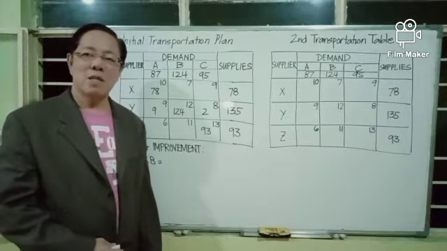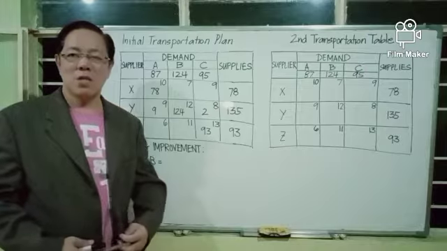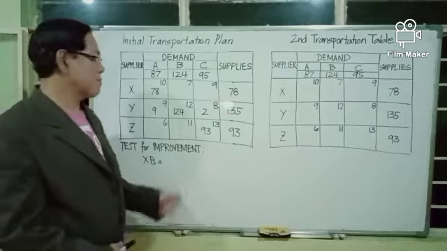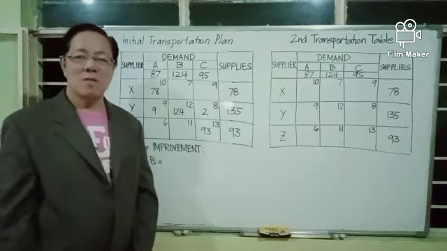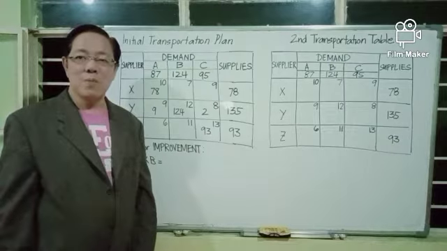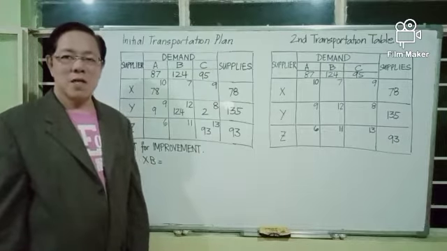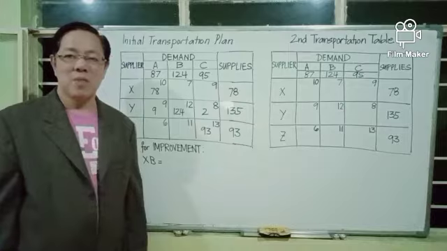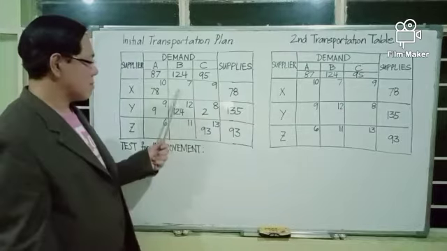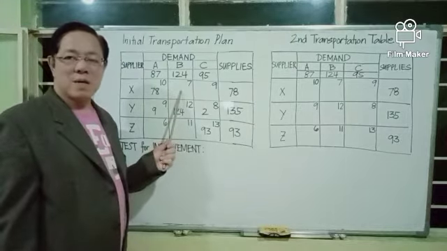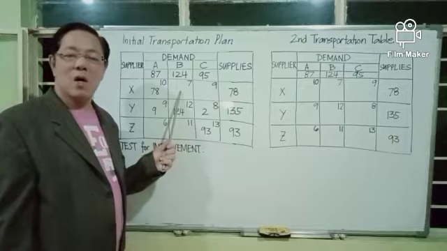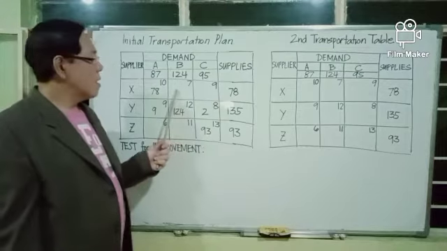For the horizontal movement, the associated cost is the positive cell cost. For vertical movement, the associated cost is the negative of the cell cost.